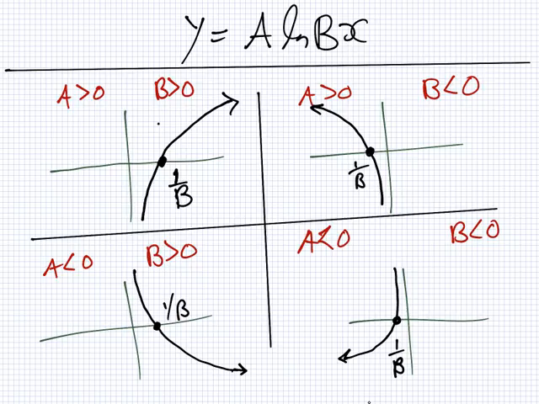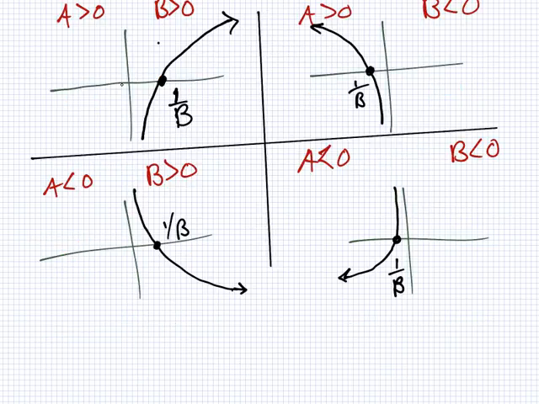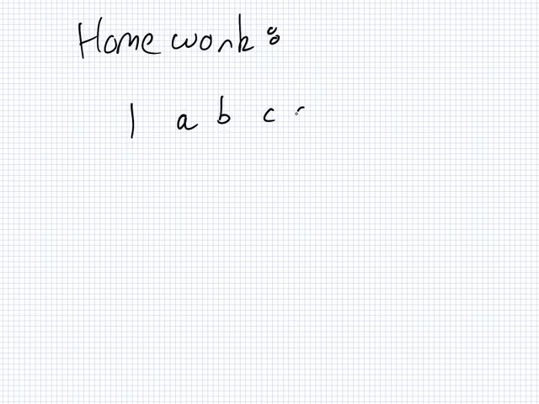One, A, B, C, D. Two, A, B, C, D, E, F. They're very short. 3, A, B, C, D, E. 4, A, B, C. 5, A, B, C.